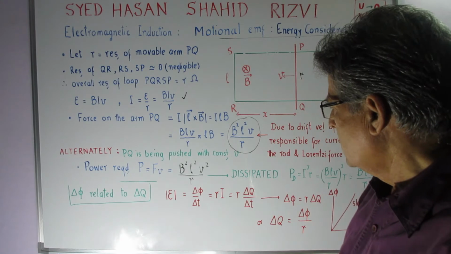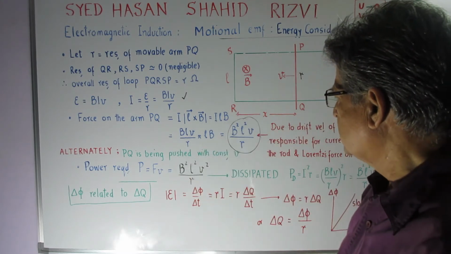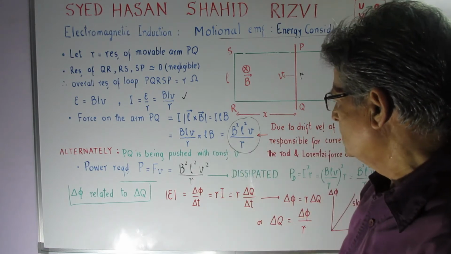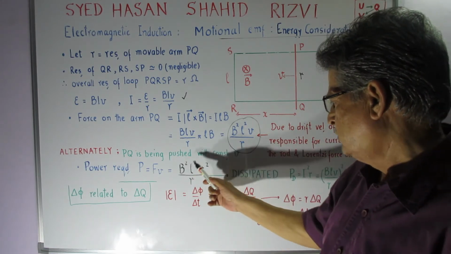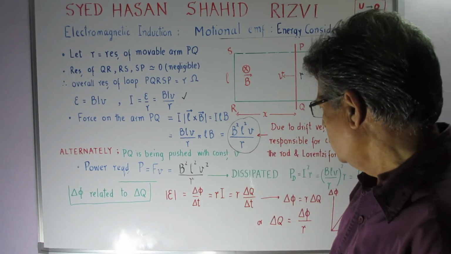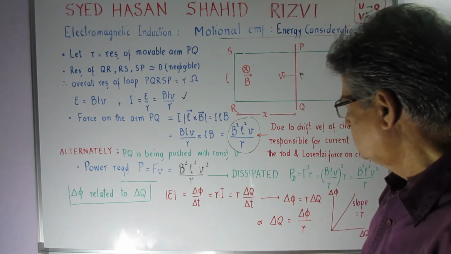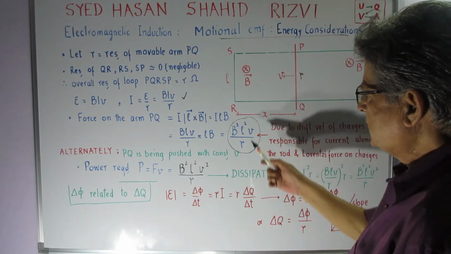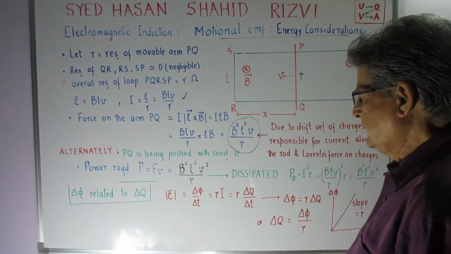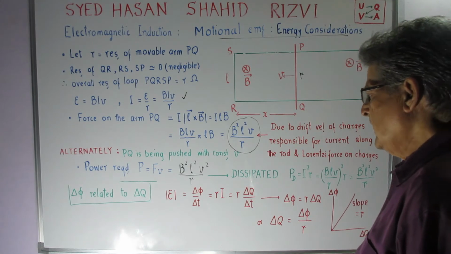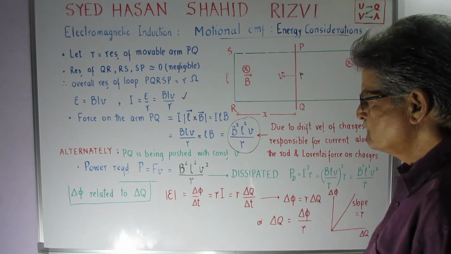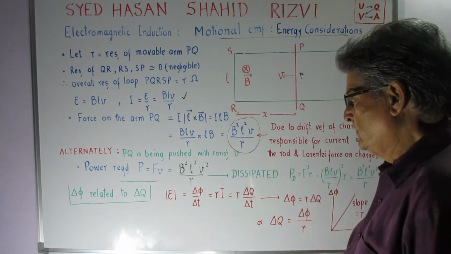The force turns out to be B square L square V upon r, multiplied by V. So the force on the arm is this, multiplied by V, and what I get is B square L square V square upon r. This is the power required to do so.